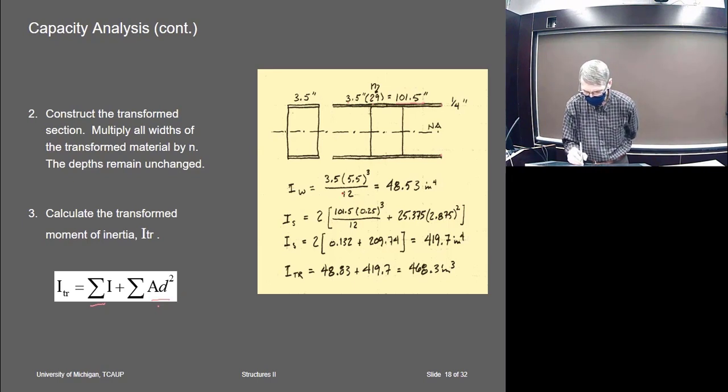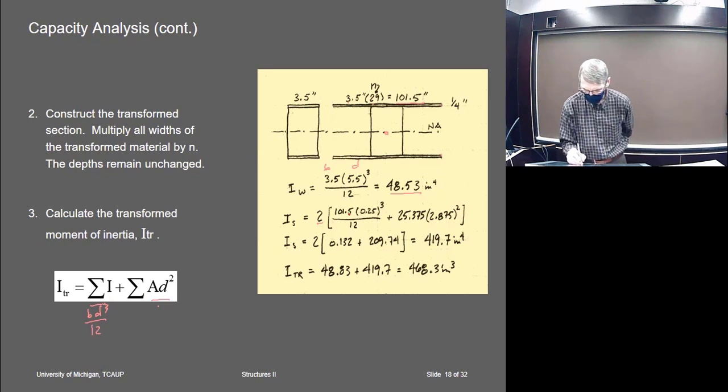So by using the parallel axis theorem, for the wood in the center, there is no D term, so it's just BD cubed over 12, right? BD cubed over 12. So we get that for the wood. For the steel, there are two sections. This part is the BD cubed over 12, right?